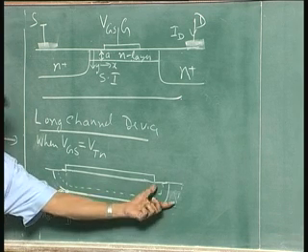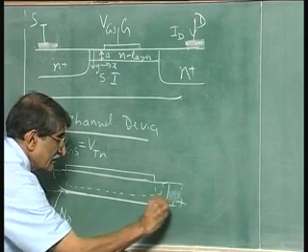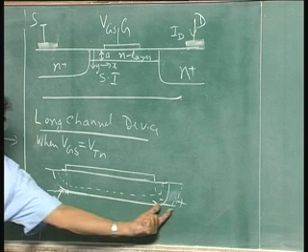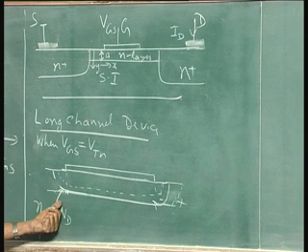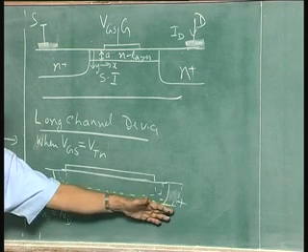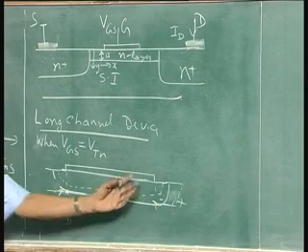But when I apply a potential like this, plus here, minus there, with the drain made positive, the entire voltage appears across the depletion region. There is no potential change here, because the whole thing is depleted there. If it were short channel it would have extended, but because it is long channel all that happens is the depletion layer widens here.